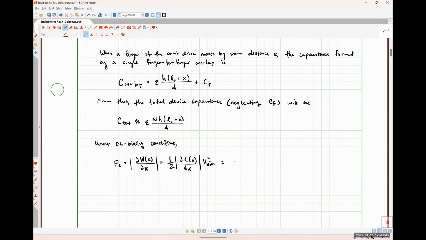And this comes out to be epsilon n H over 2D times our bias voltage squared.